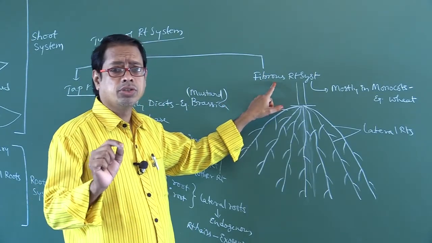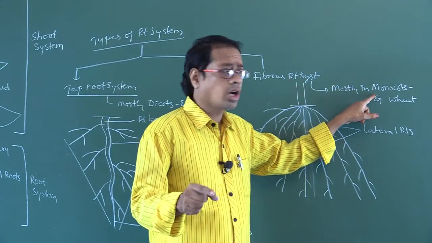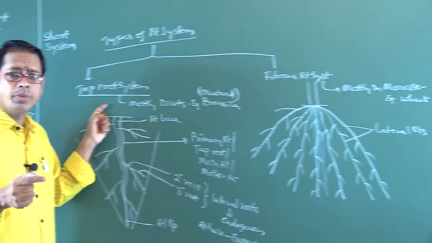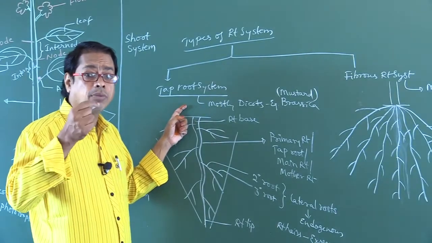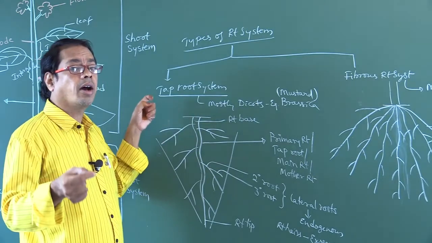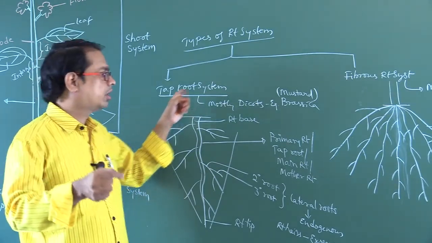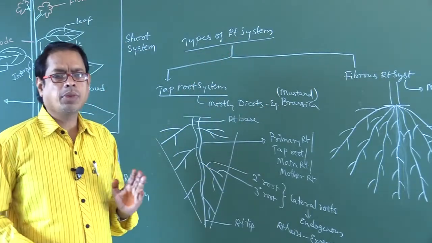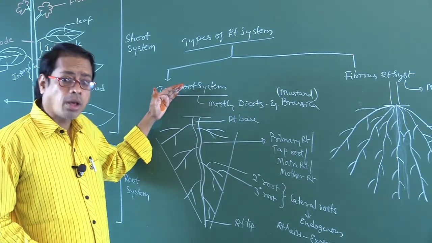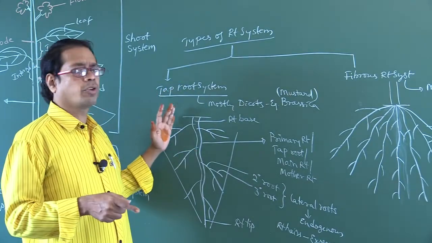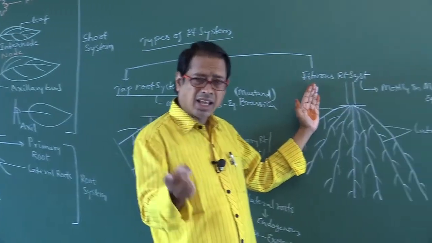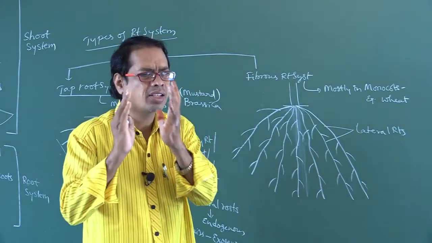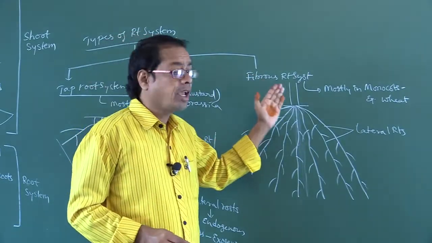It is generally found in monocots, never in dicots. The taproot system, developed from the radicle, is generally found in dicots, never in monocots. Simply remember: the root system developed from the radicle is the taproot system; from the base of the stem, appearing as a cluster of fibers, is the fibrous root system.